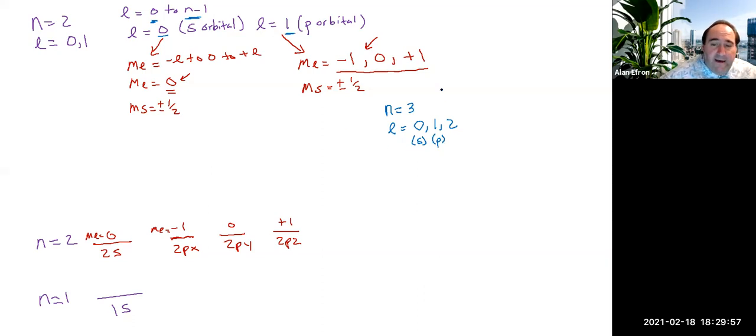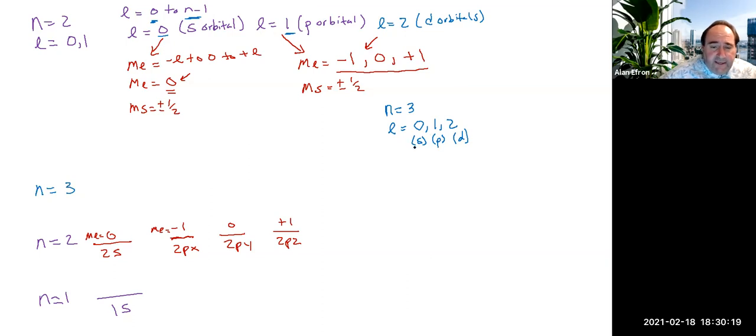And now we have an L value of 2, and an L value of 2 represents d orbitals. So this is why when we get to the third energy level, that is where we first start to see our d orbitals appear. So n equals 3.